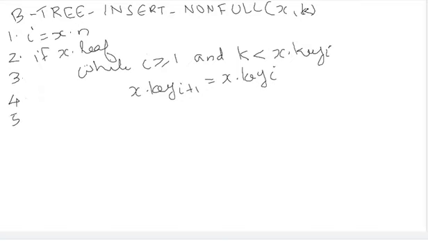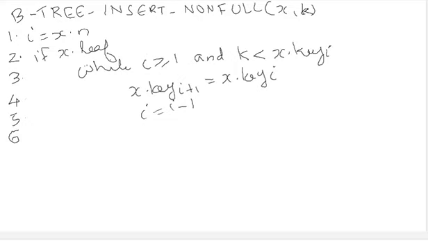So when we come out of this loop, we have found the position for this k, and we need to place it. Since i was decremented, we have moved one position back, so we can insert it in x.key[i+1] = k.